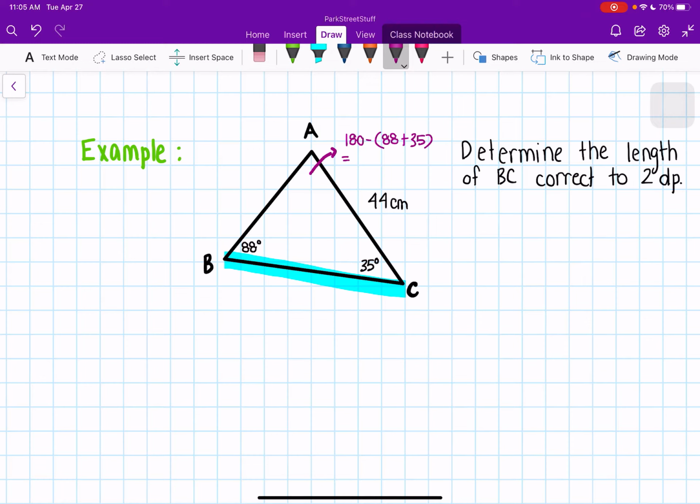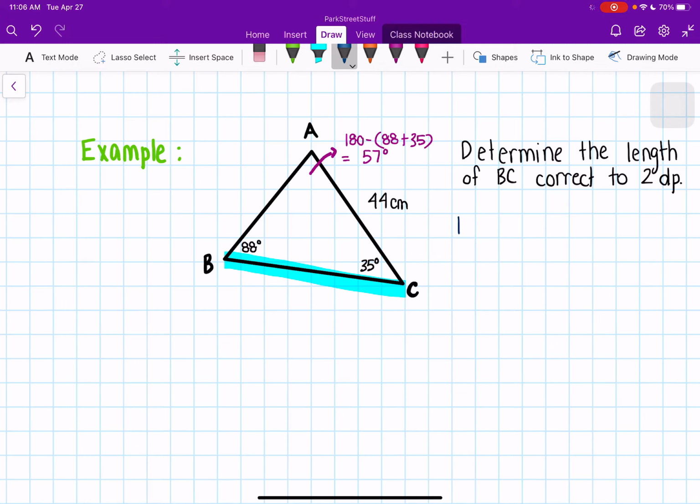So we know that that angle in there works out to be 57. And now I am able to use my sine law again and calculate what I will get for BC.